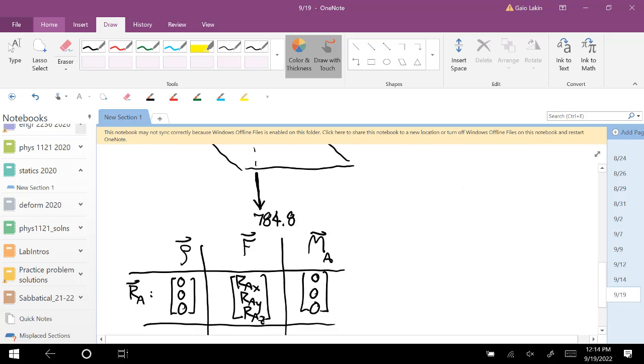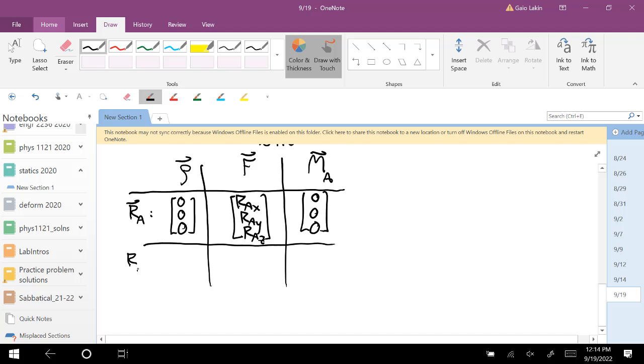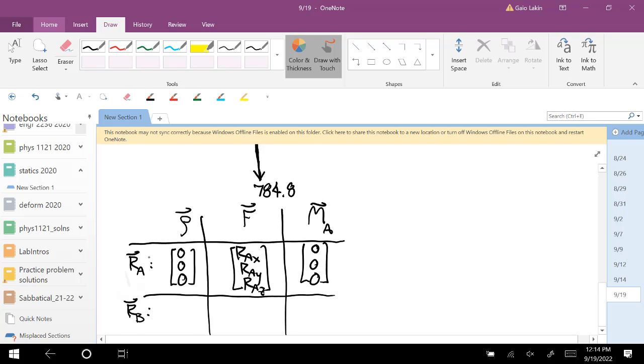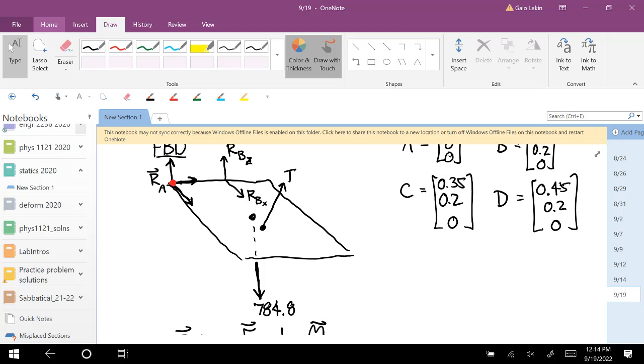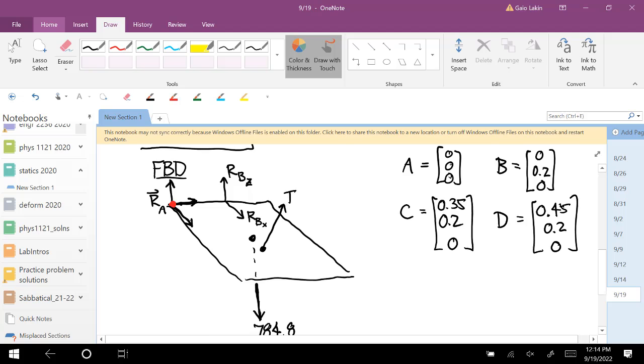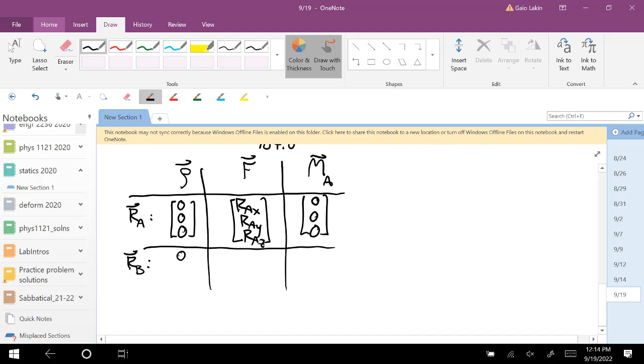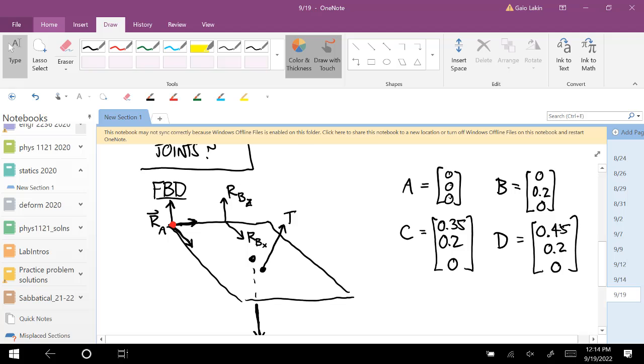Now we'll go on to RB. One thing, I happen to choose my about point to be the origin, which means that the rho vector is the coordinates where the force is applied for all of these. So this is going to be 0, 0.2, 0. The force vector, we only have an x component and a z component.